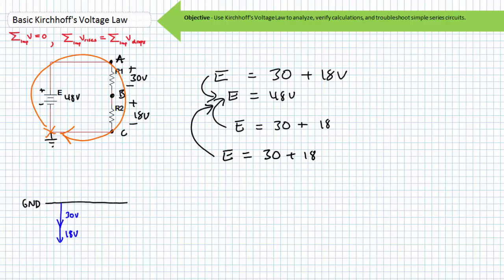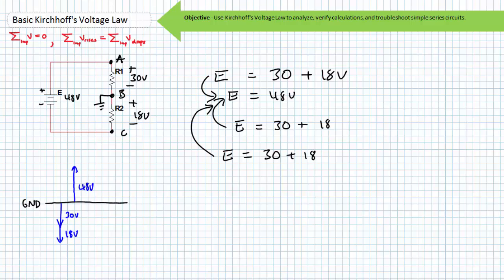A 48-volt differential still exists, and conventional current will travel in the clockwise direction. If you want a means of visualizing this, start at ground. Go up 48 volts.